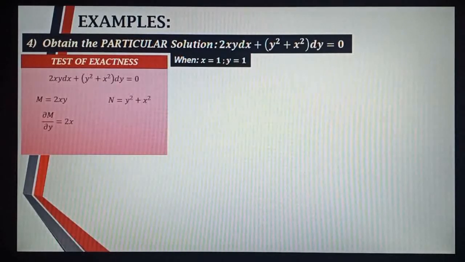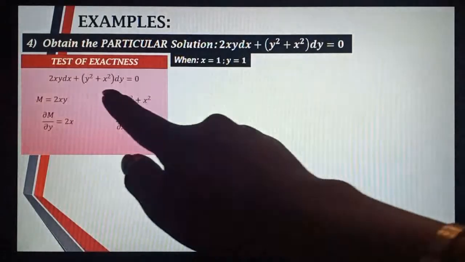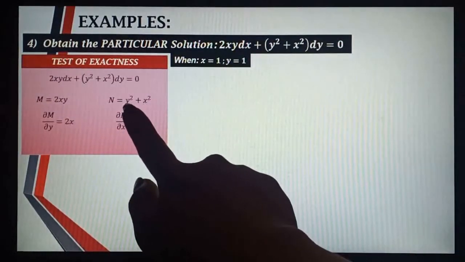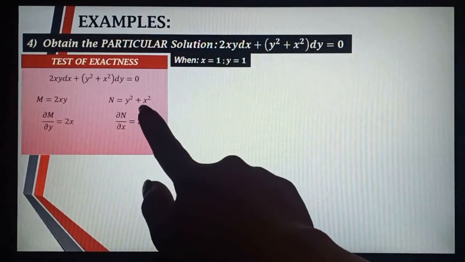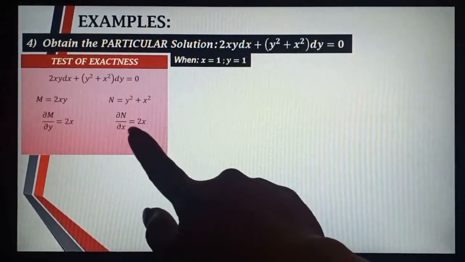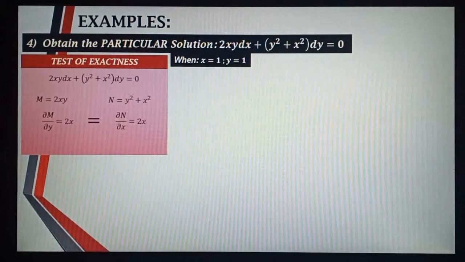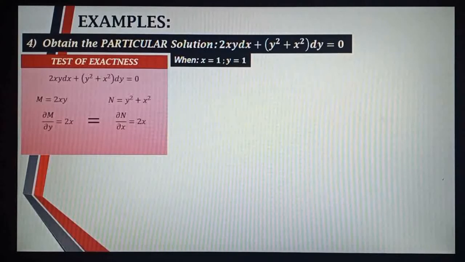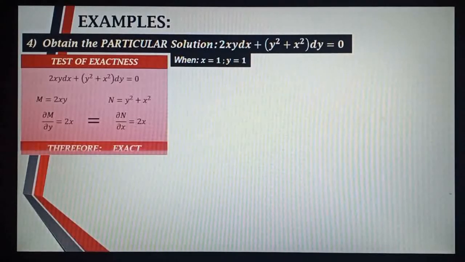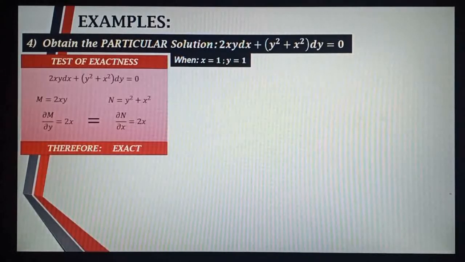So, identifying your partial differentiation of n with respect to x, constant c y squared, so that is 0. Differentiating x squared, that is 2x. So, they are equal. So if they are equal, the equation is considered to be exact.